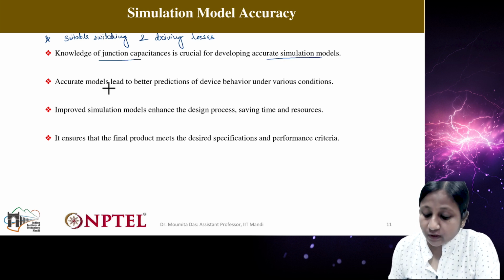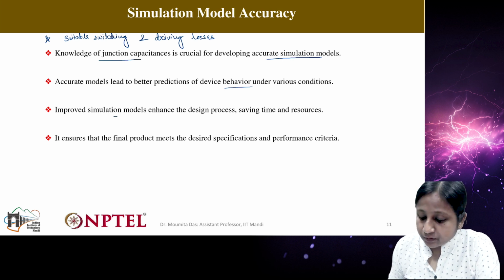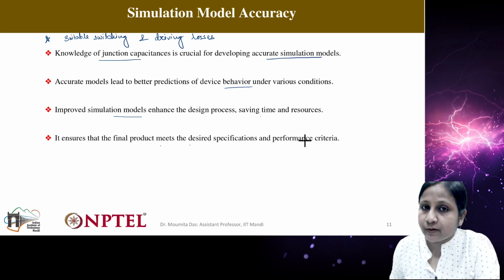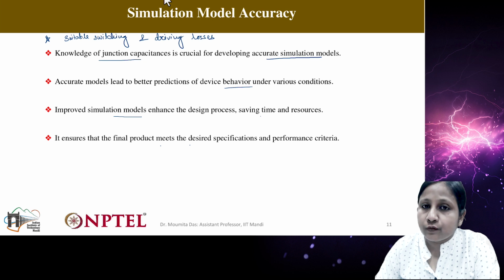This accurate model will give us better prediction of the device behavior under various operating conditions. This improved simulation model enhances the design process, and saves time and resources. It ensures the final product meets the desired specification and performance criteria. That is why it is very important to model any particular device for simulation purposes, or for getting the actual behavior characteristics from the model of the device.